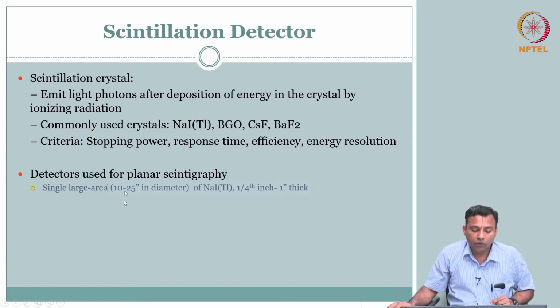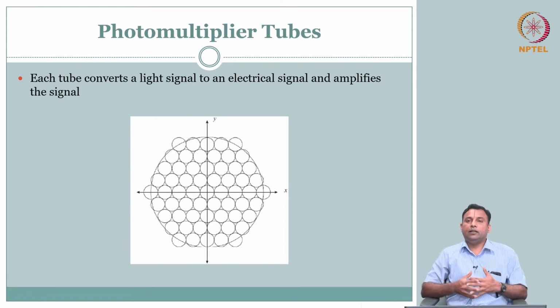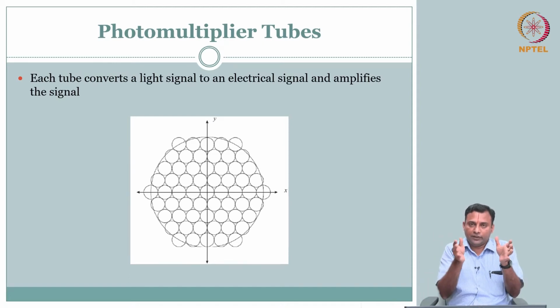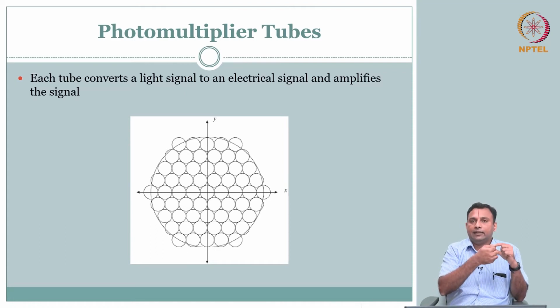Okay, so now we need to get into the next part. We know much about the scintillation crystal. The gamma rays come, first they are collimated, and after that the gamma photon hits the scintillation crystal.